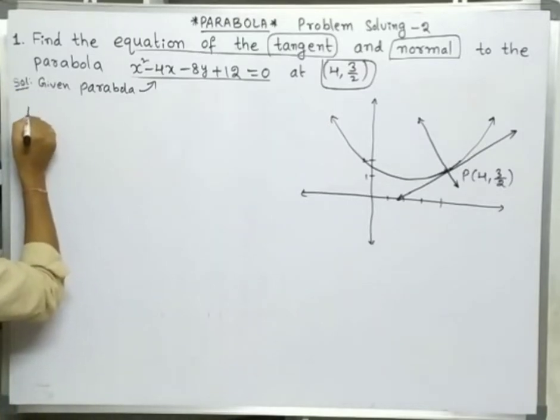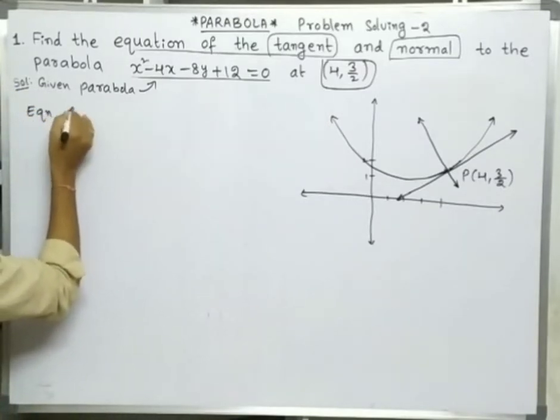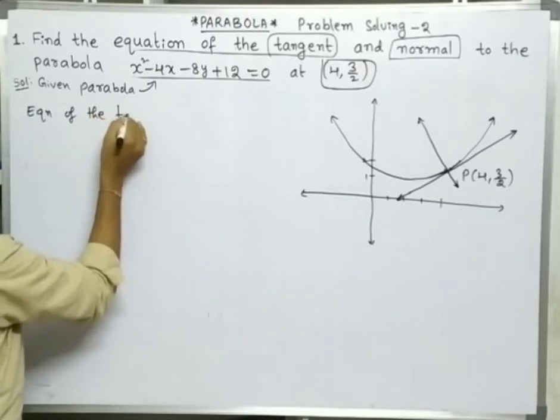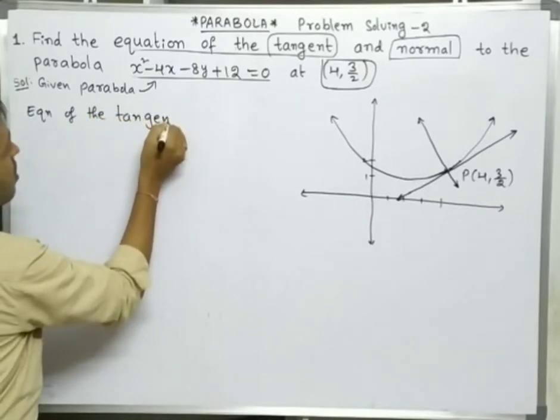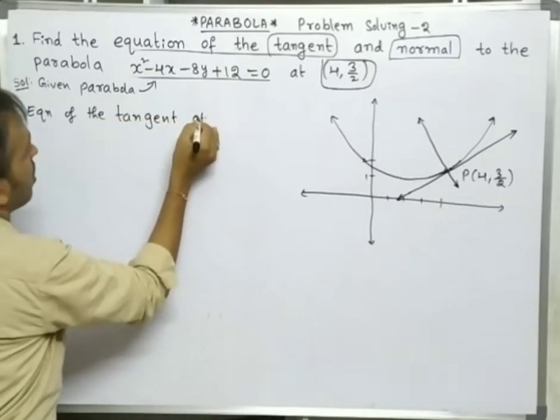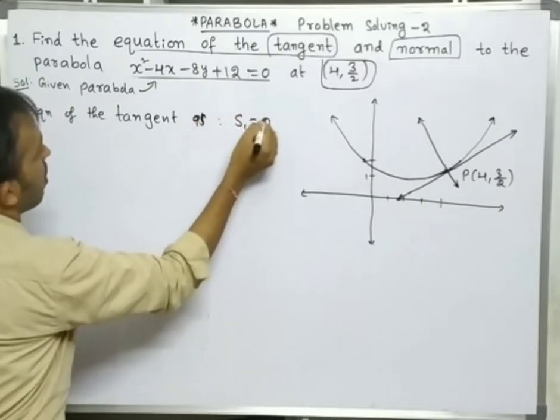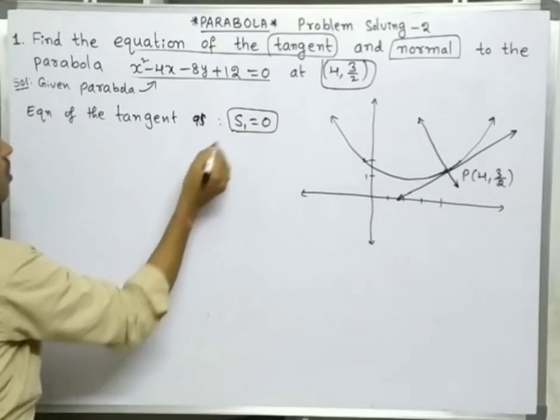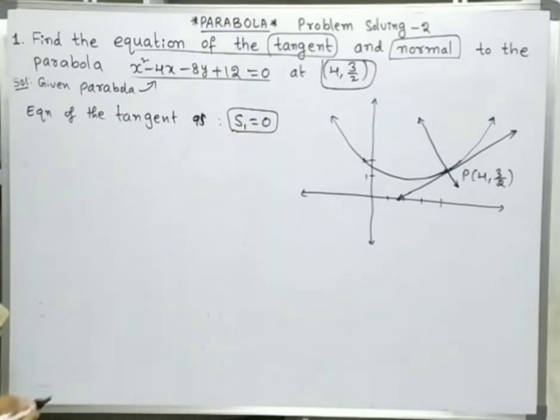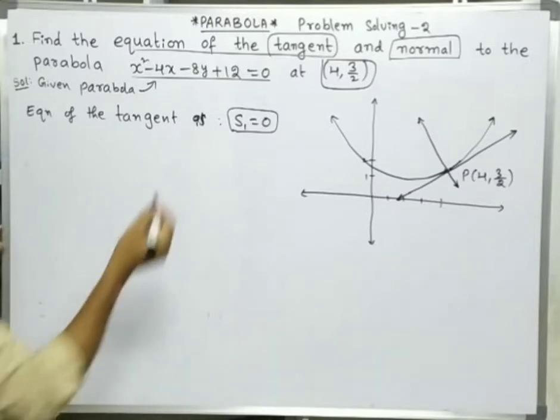Now what is the equation of the tangent? S1 is equal to 0. We should recall the notation of S1.